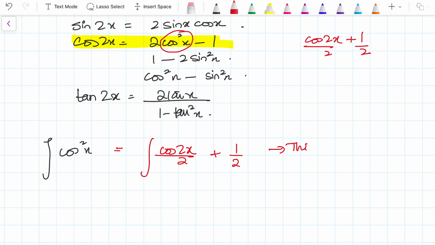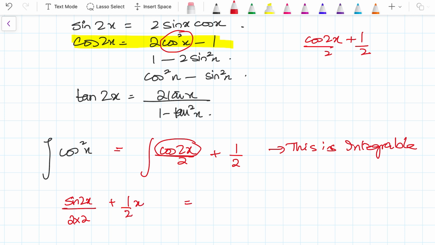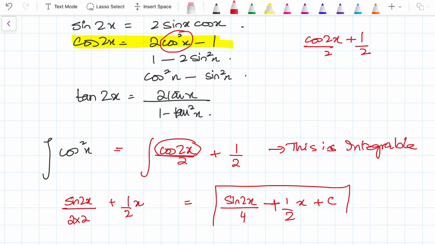Now this is integrable. What is the integral of cos? It's sine 2x divided by the differential of the angle plus half x. So it becomes sine 2x upon 4 plus 1 upon 2 x plus c.